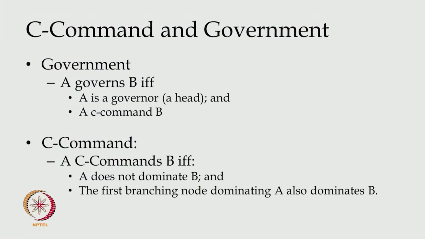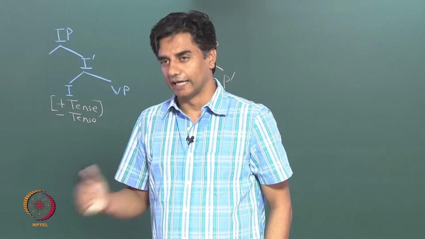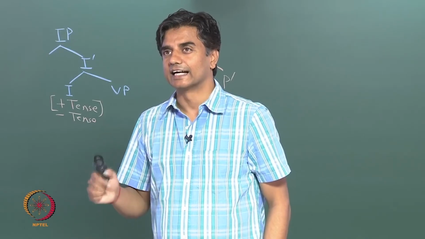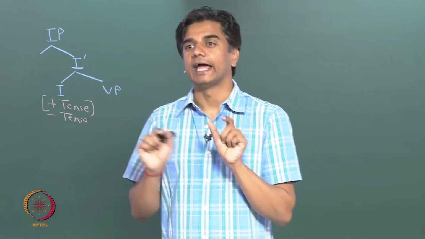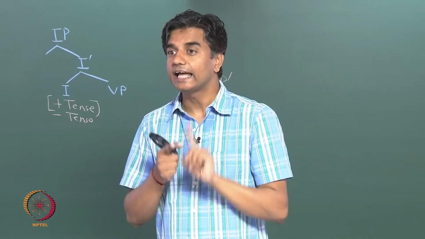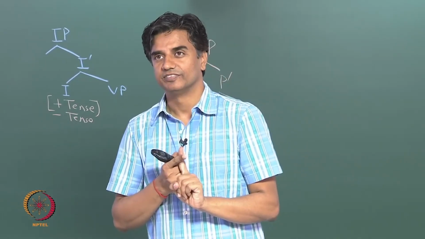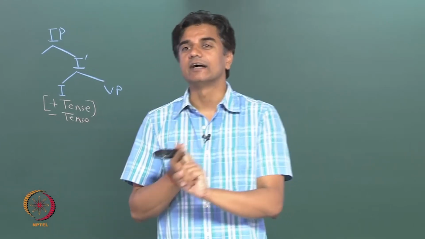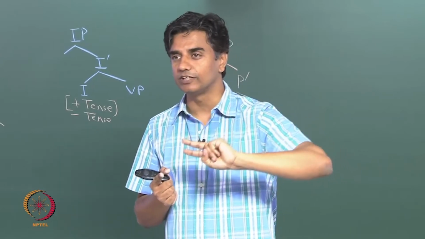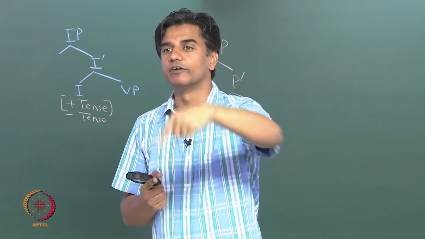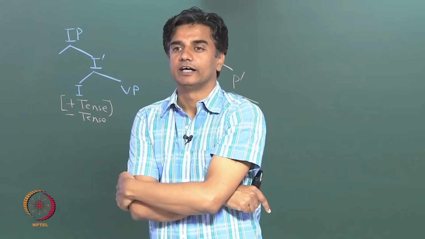Look at this. Did you take a look at this? It says A governs B if and only if A is a governor. By governor, we simply mean heads. Only heads are governors. And A c-commands B. These two conditions must be fulfilled for a head to govern another node.